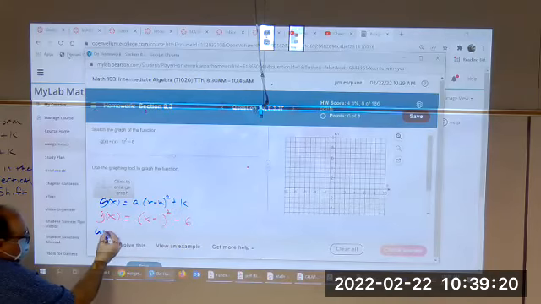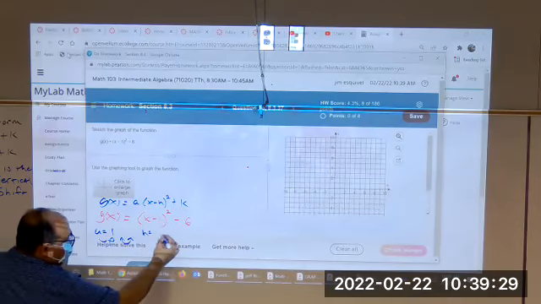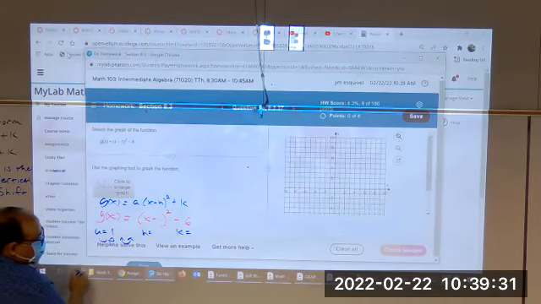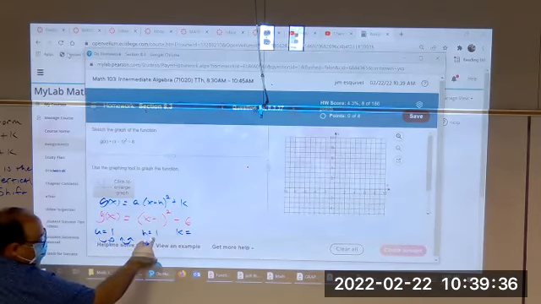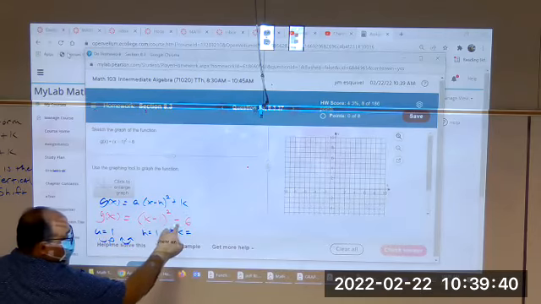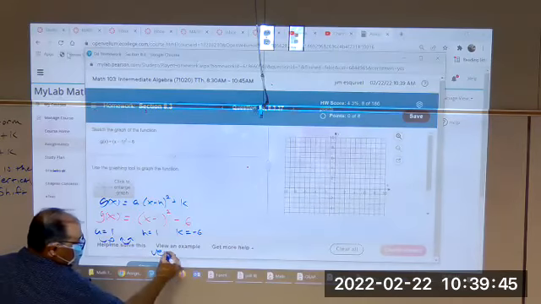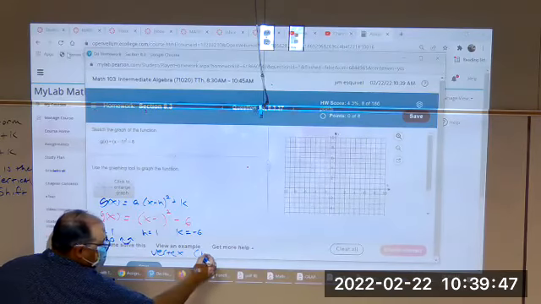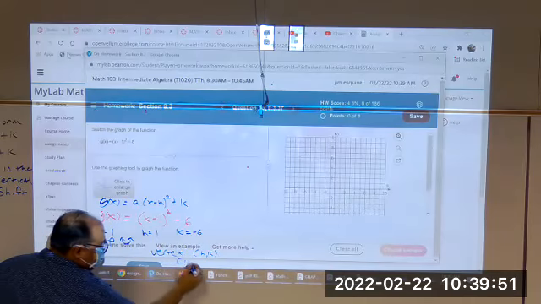In front, a is a positive 1, so it's going to go up. Inside, what's our h and what's our k? Positive 1, because we see a minus, we have the opposite sign. K, we keep the sign. Because we see negative 6, k is negative 6. And our vertex, we'll compare, is 1, negative 6.